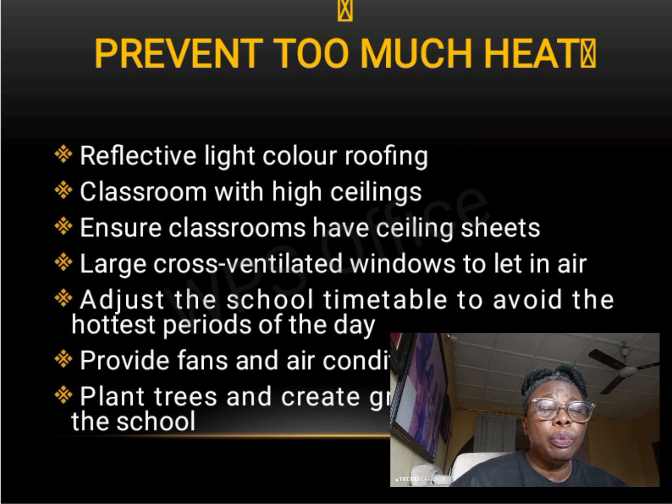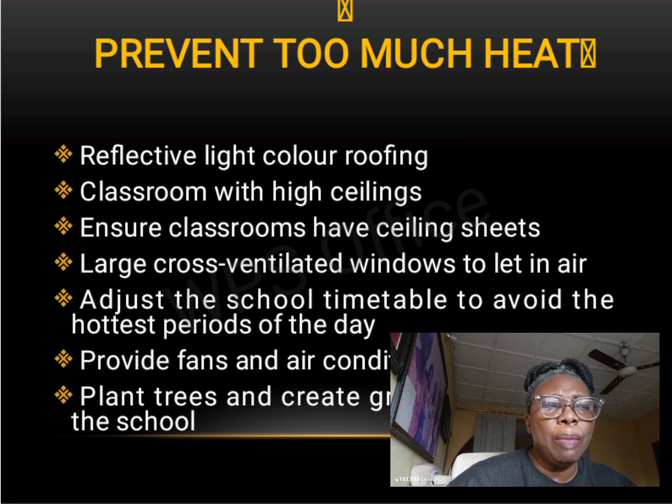Another thing we can do is to plant trees around our schools, around our classrooms, so that the trees and their leaves shield the classrooms from the heat of the sun. So provide trees, provide green areas that absorb the heat. In doing that, we are helping to control the climate. And that's what we talk about, climate control. The heat can be absorbed by the trees.